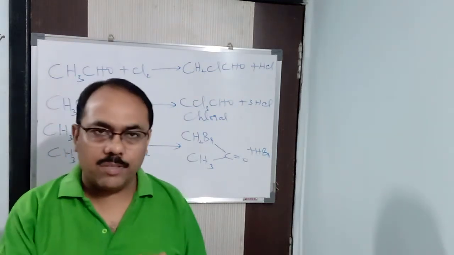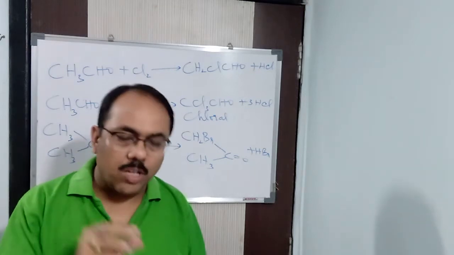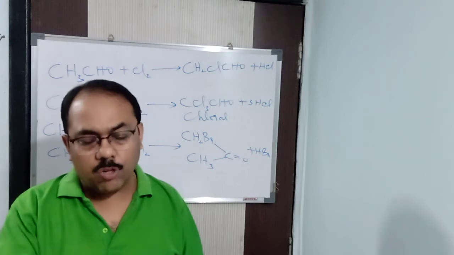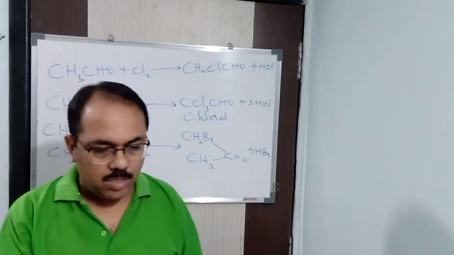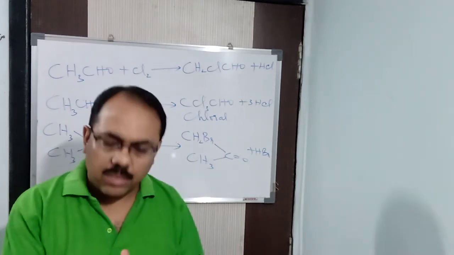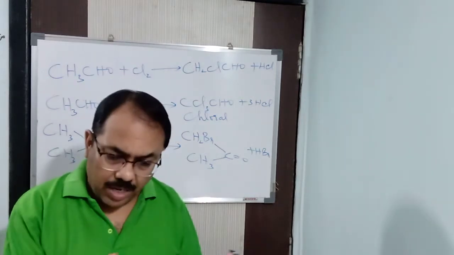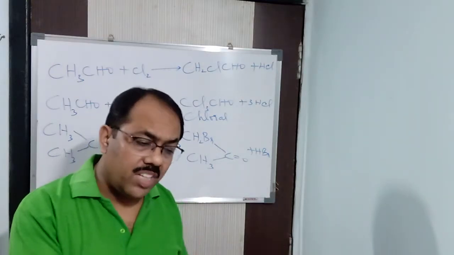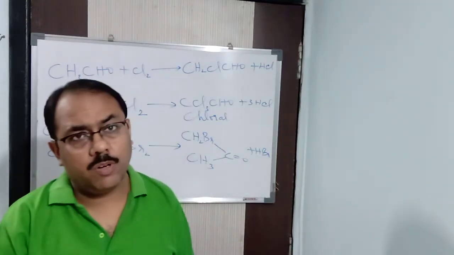Or you can say in this way also, when two micromolecules, meaning the same, smaller molecules, combine under certain conditions, they form a bigger molecule, a macromolecule, with or without the elimination of smaller molecules.